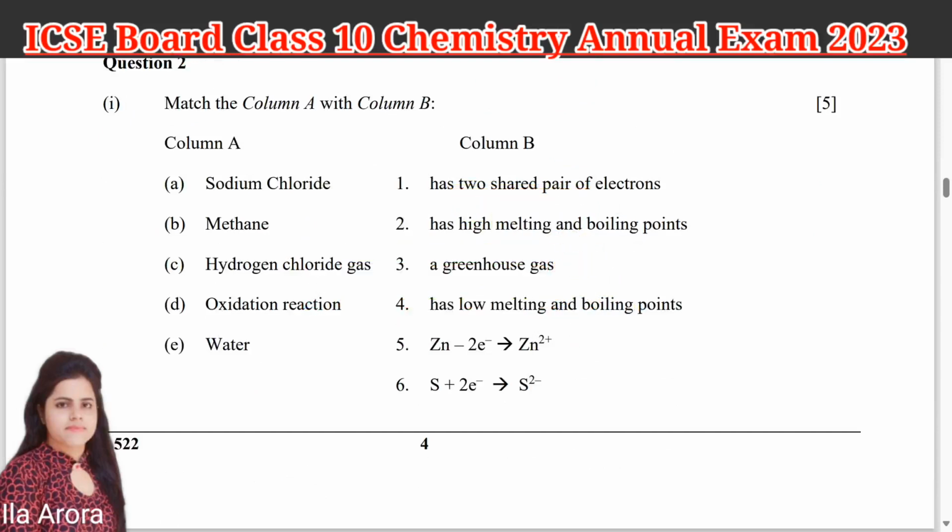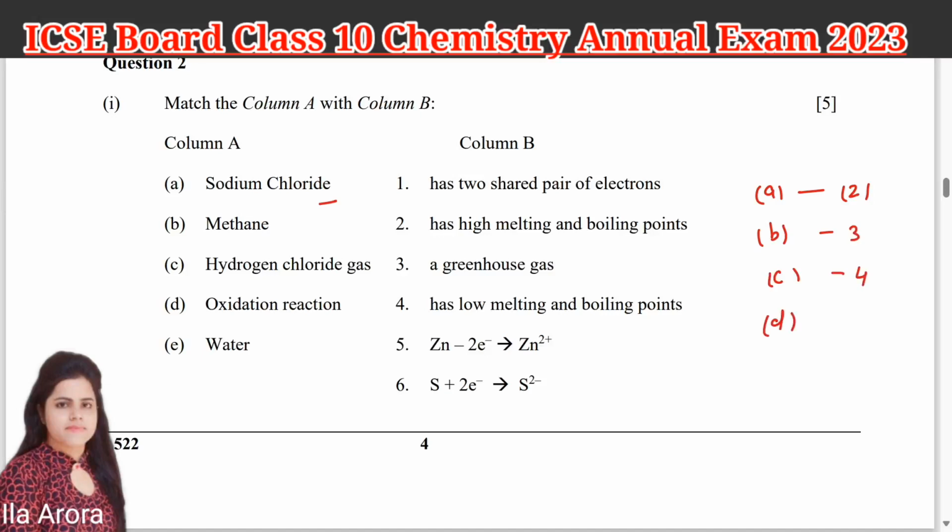Next question, question number 2, we have to match up. So sodium chloride has high melting and boiling point. Why? Because of strong electrostatic interaction between the ions. Then we have methane. So methane is a greenhouse gas, right? Then we have hydrogen chloride gas that has low melting and boiling point, fourth.